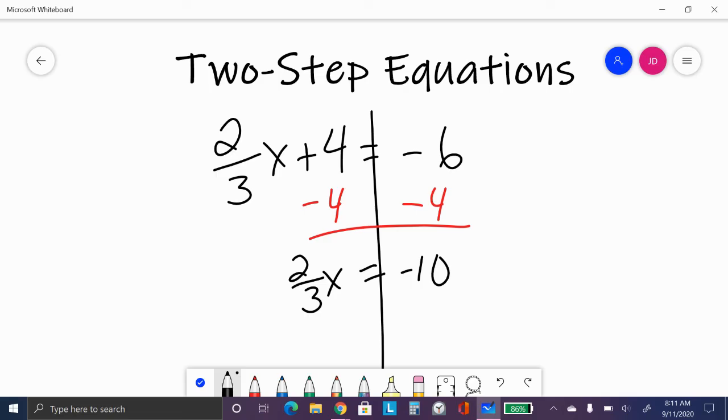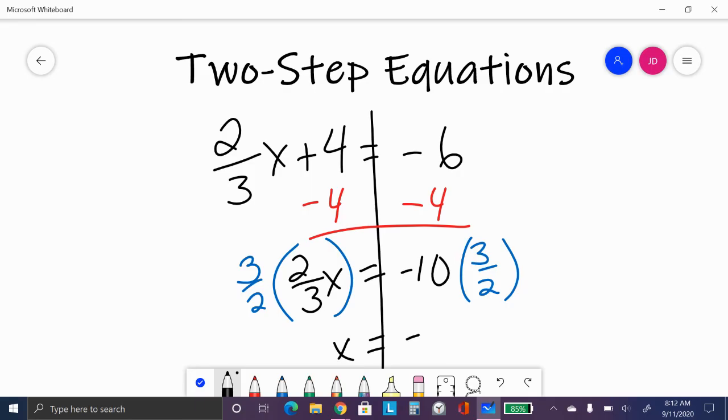Again, to get rid of the fraction, you multiply both sides by the multiplicative inverse. Oops, I'm going to do it over here. So the multiplicative inverse, the reciprocal, is 3 over 2. And if you don't know how to do that all in your head, negative 10 times 3, which is 30, divided by 2, which is negative 15.